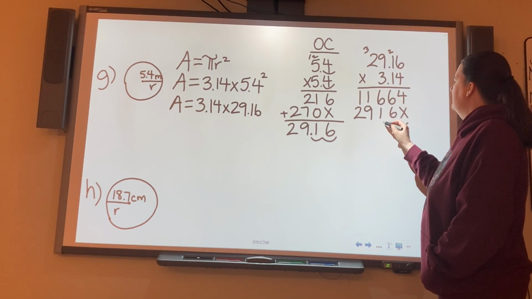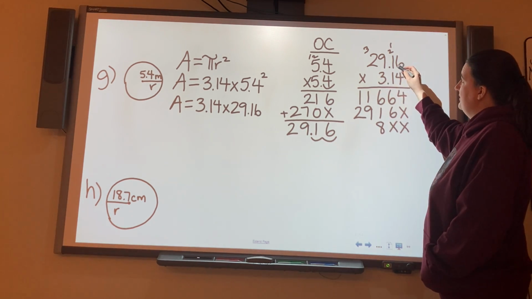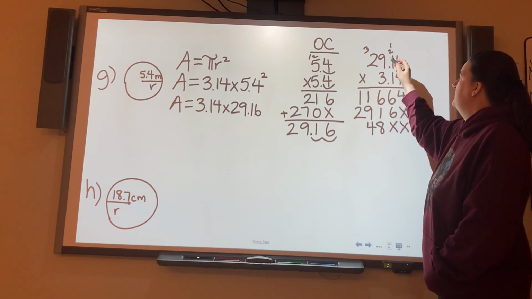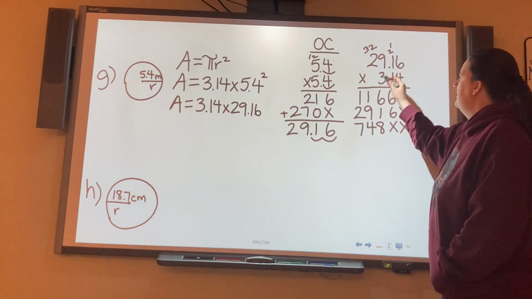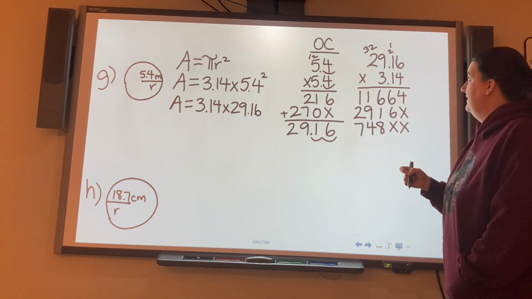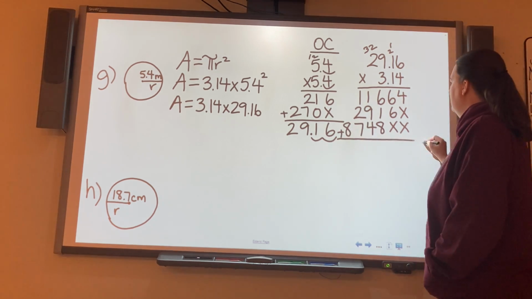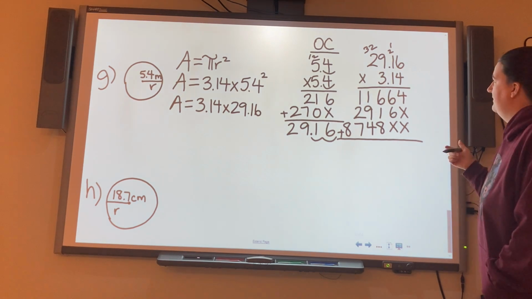3 times 6 is 18, carry your 1. 3 times 1 is 3, plus the 1 that I carried is 4. 3 times 9 is 27, carry your 2. 3 times 2 is 6, plus the 2 that I carried is 8. I have 3 answer lines, so make sure you add all of the answer lines up together.